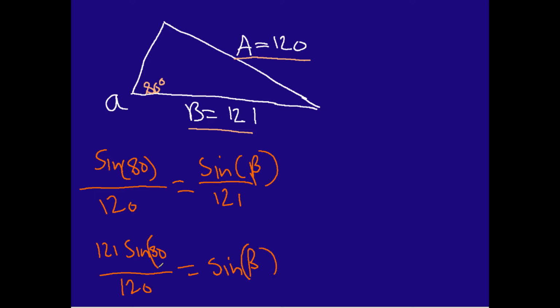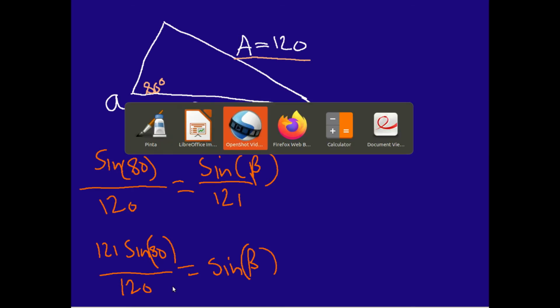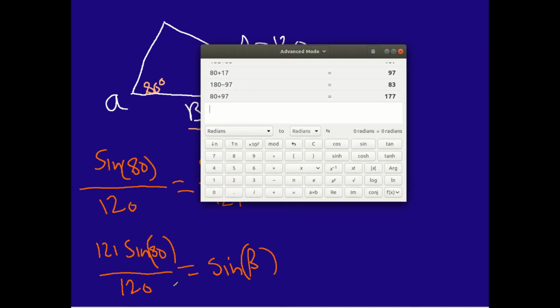Put this part in parentheses. The next thing we need to do is figure out what 121 times sine of 80 over 120 is, and we use our trusty calculator for that. No need to guess it.